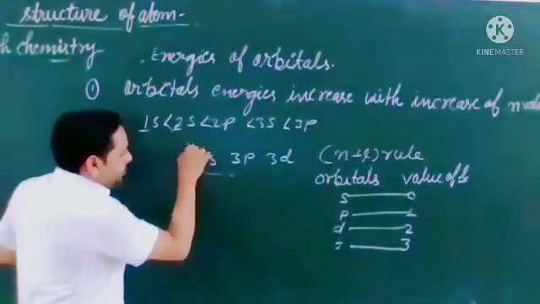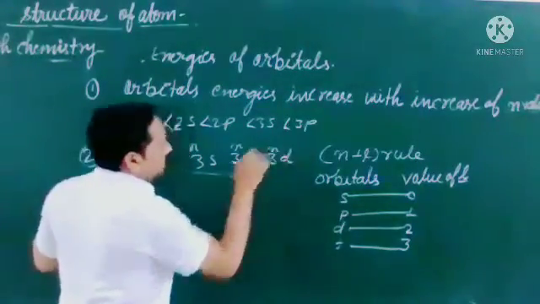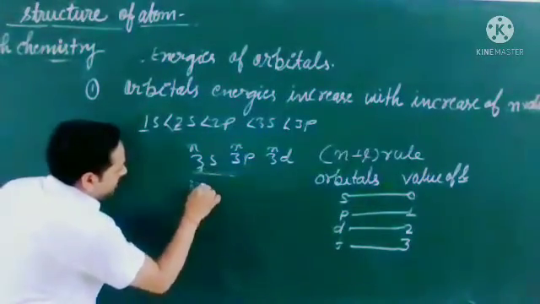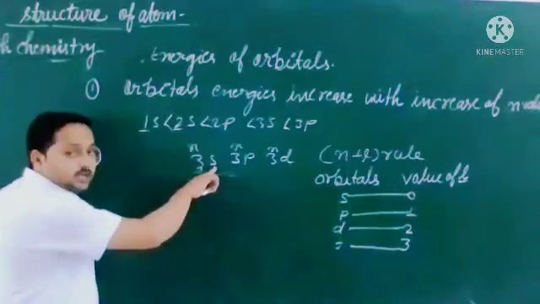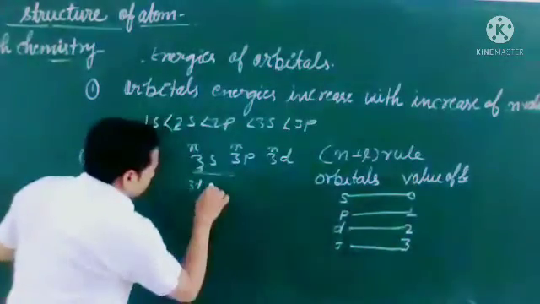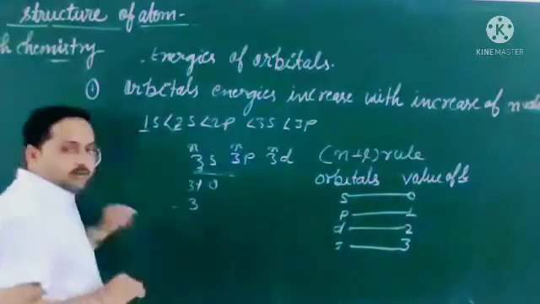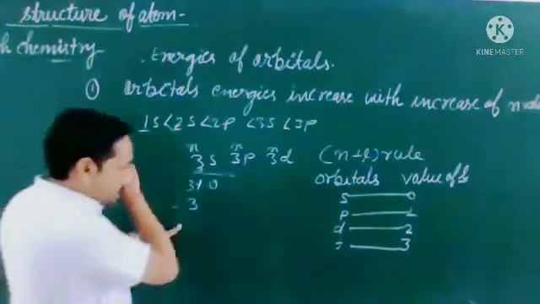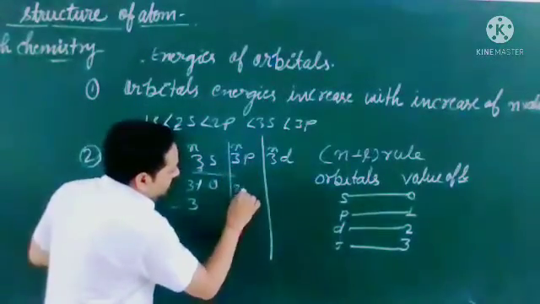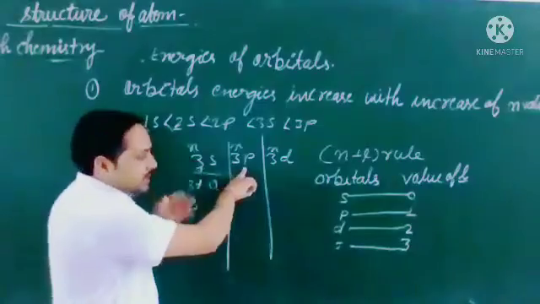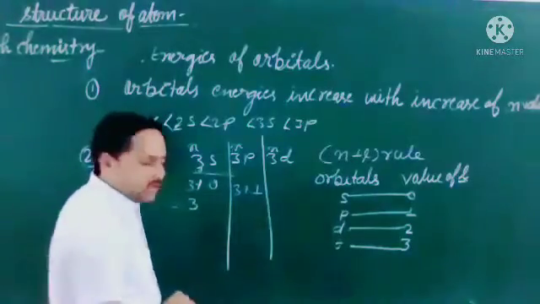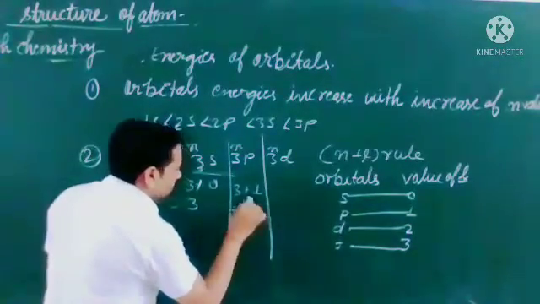For n, the value is 3, plus for the s orbital the value of L is 0. Then 3p is 3 plus 1. What is the value? 4. Got it?